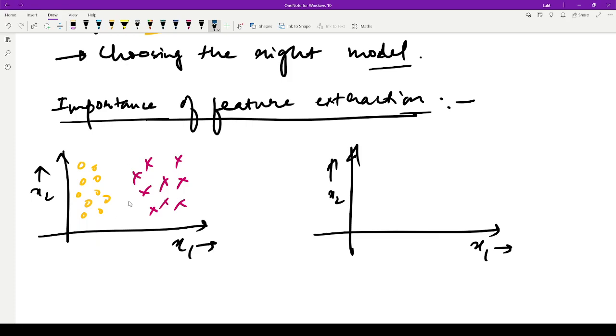Okay, what do you think is this? Can you say anything about the features x1 and x2? Visually seeing it?